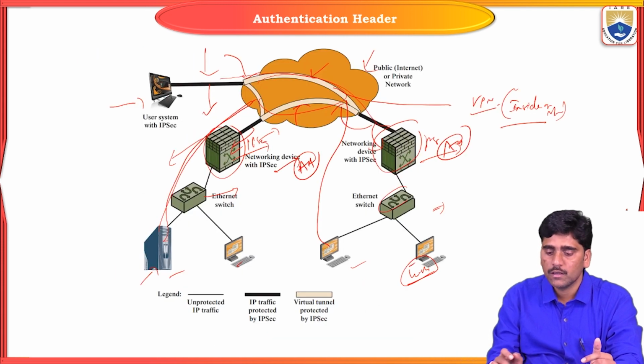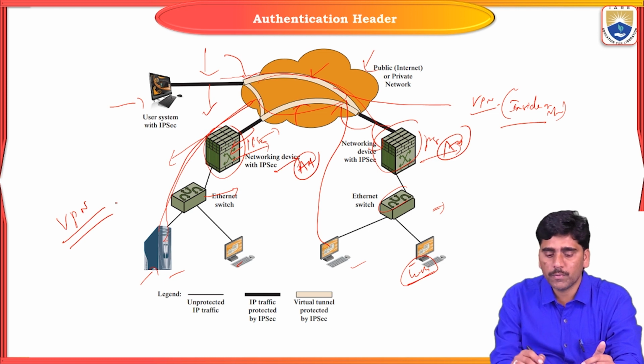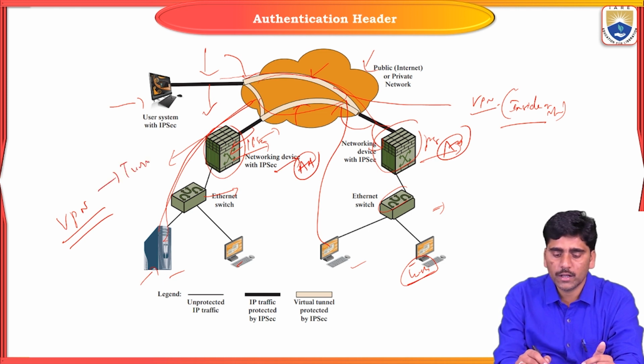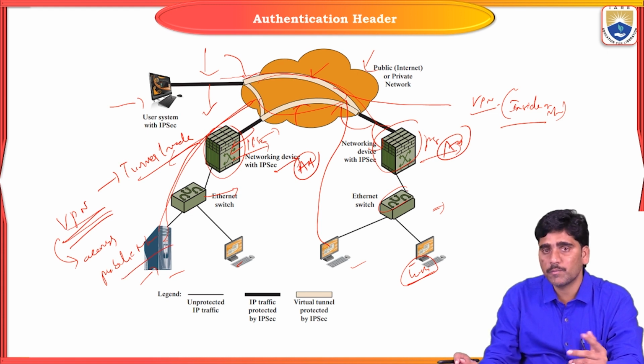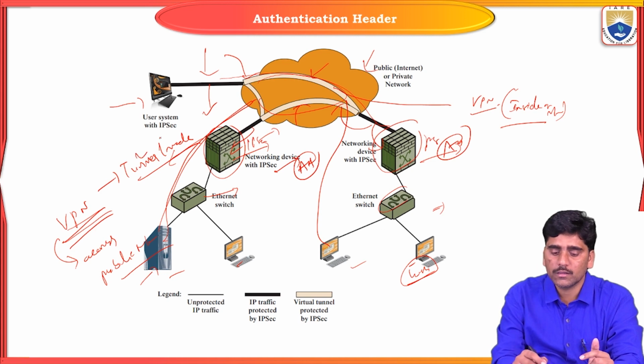And this is an example of virtual private network implementation with the help of tunnel mode, a real-time example. This is the virtual private network implemented with tunnel mode across a public network. On the basis of the public network, this is how the virtual private network is implemented in tunnel mode.